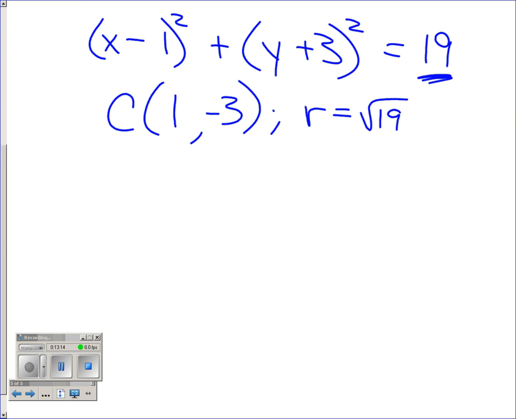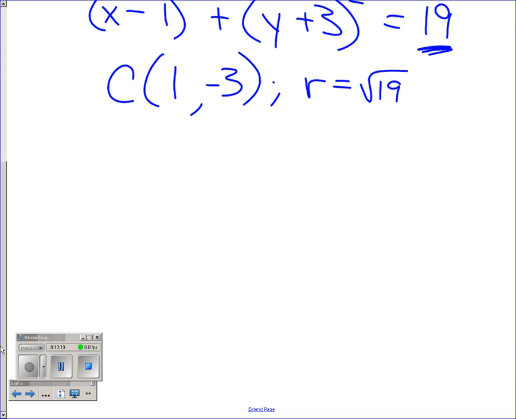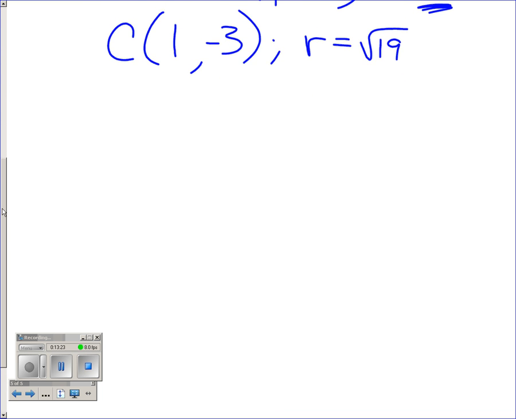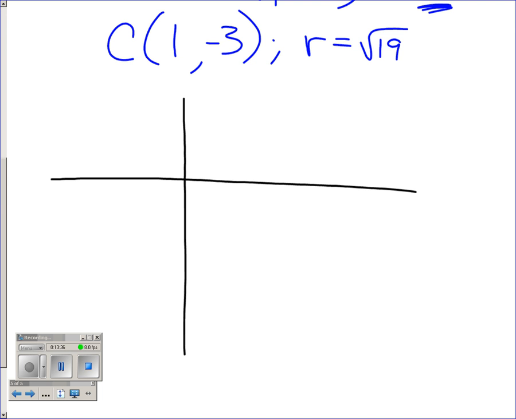Well, let's pull this down a little bit. We'll get a little bit more space, and let's graph it. There we go. Well, we want to be at 1, negative 3, so that's the point that I want to be centered in on. So I'm going to put this about right here. Here's 1, 1, 2, 3.